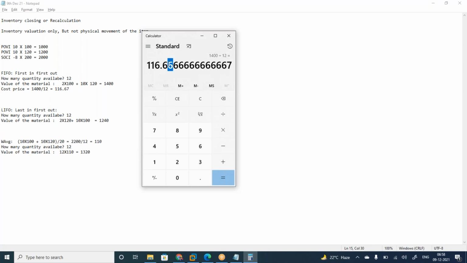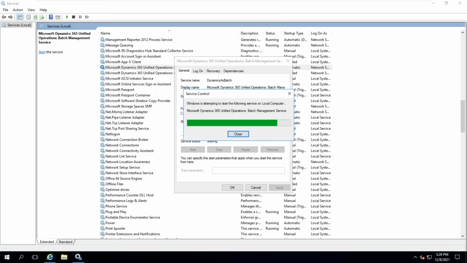This rounding rule we are going to learn in the company creation process. You need to remember this logic, because we cannot write it like this. At the database level, in SQL Server, it will store like this. In the front end, whatever we look at in the application, it will show 116.67.